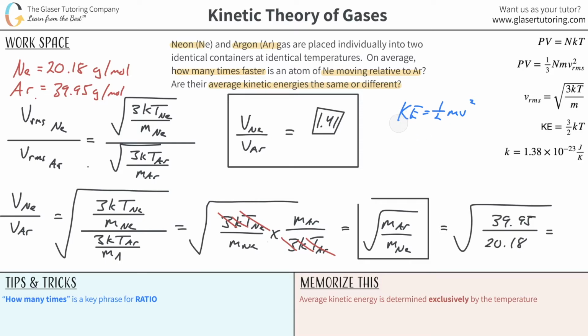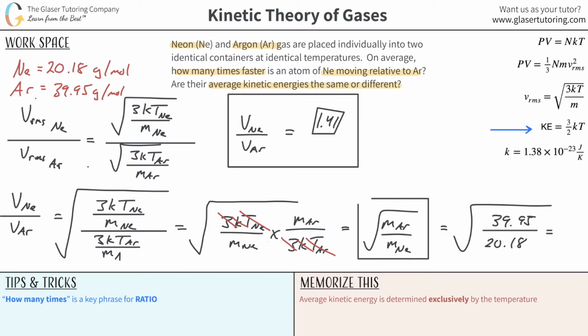But to help us answer this question, we can do one of two things. Either you can memorize this down here at the bottom, that the average kinetic energy is determined exclusively by the temperature. What that means is that if the temperatures are the same, the kinetic energies will be the same. That's fine, and there's the answer. But I would suggest you know this formula, and we just took a look at how it came about a few minutes ago.